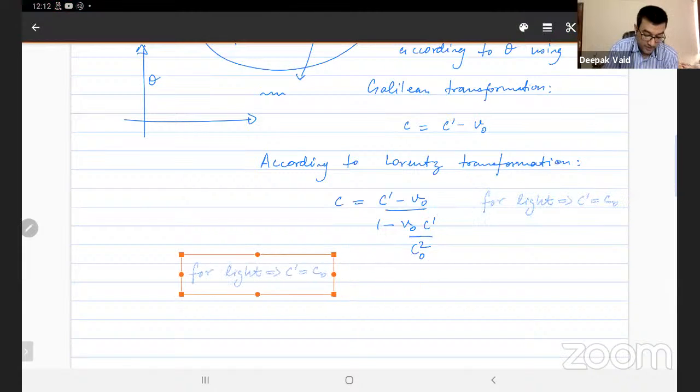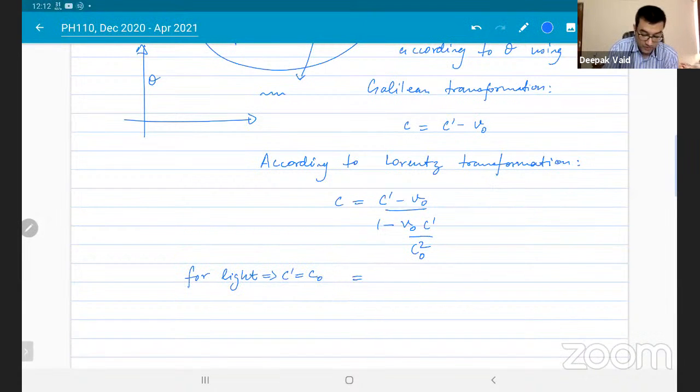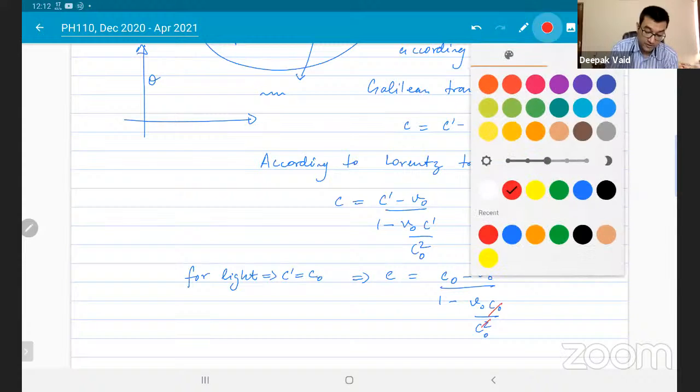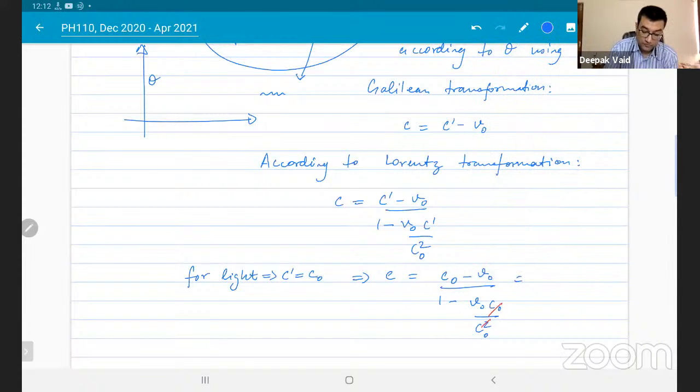So for light, what happens? What do you get for the velocity c? You get (c naught minus v naught) over (1 minus v naught c naught by c naught squared). Cancel c naught, you get c naught.